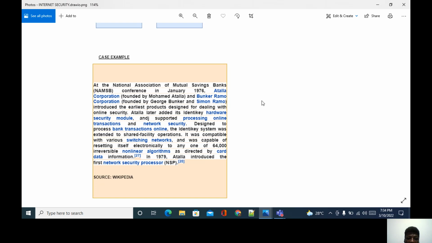Atalla later added its identity hardware security module and supported processing online transactions and network security.